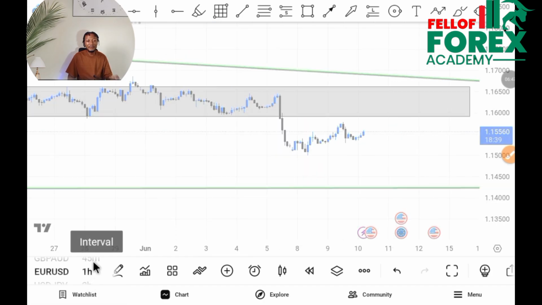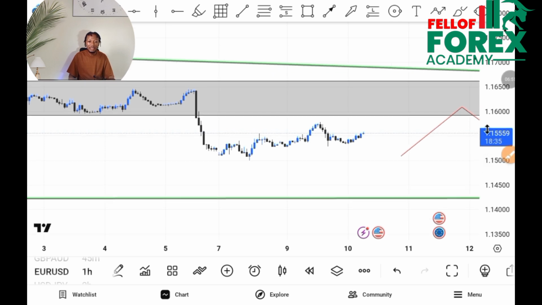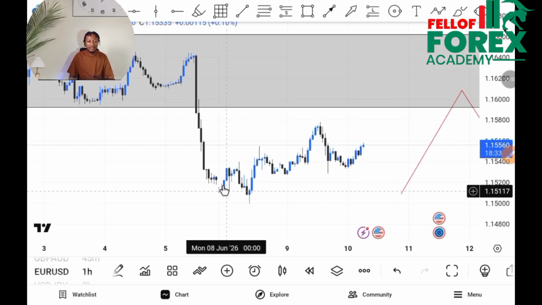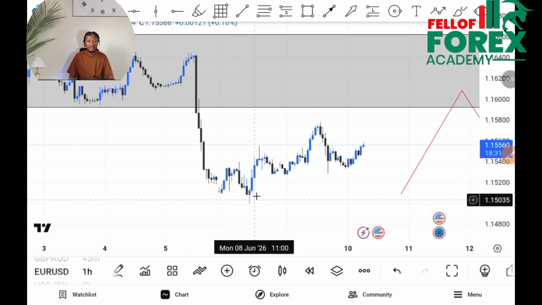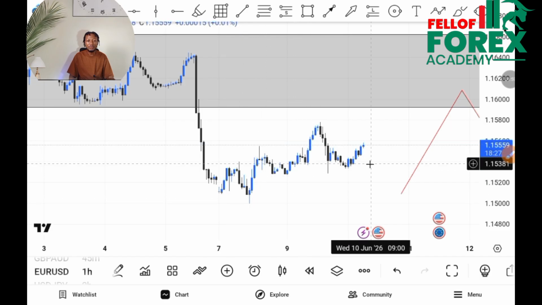And on the 1 hour time frame, let's see, we are currently in an uptrend, because we also did this breakthrough, came back, retested, and now we are pulling up.